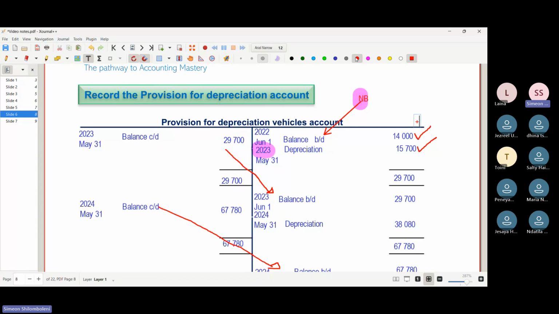Every time when you have a depreciation in the business, we kept on recording the information on the debit side. This was the previous one. Then we depreciated the first year, we recorded on the debit side. We depreciated the second year, we recorded on the credit side. Every time when we depreciate, we record it on the credit side. But if you sell one of the assets, the depreciation needs to leave that account.